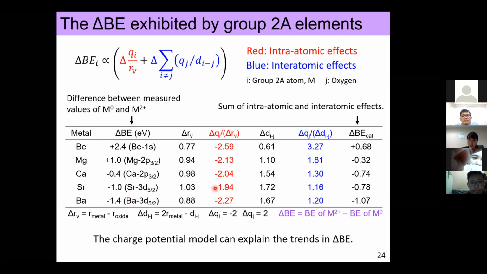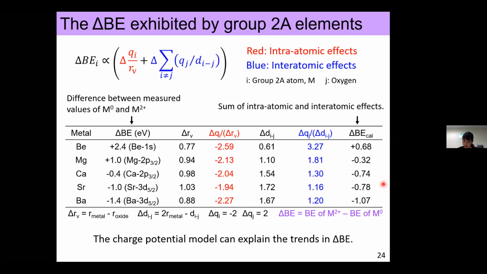So intra-atomic terms were calculated like this. By using the difference of the bond distance, interatomic terms could be calculated like this. Then summing up this one and this one, you can calculate the difference, delta BE.